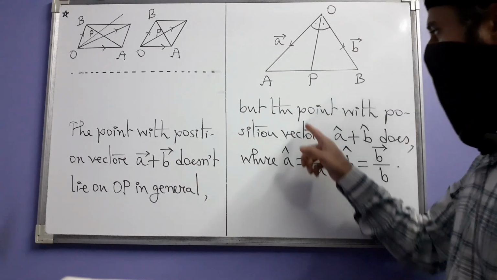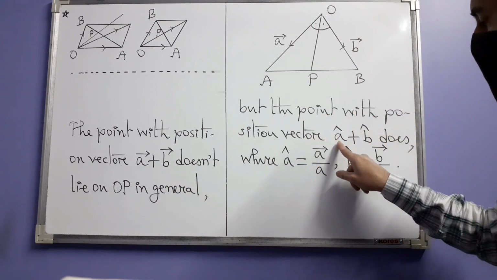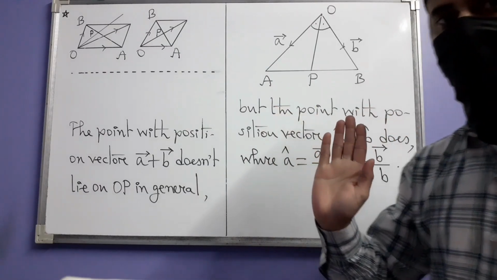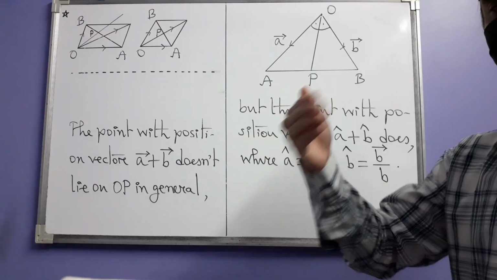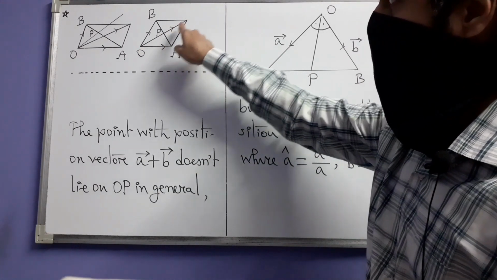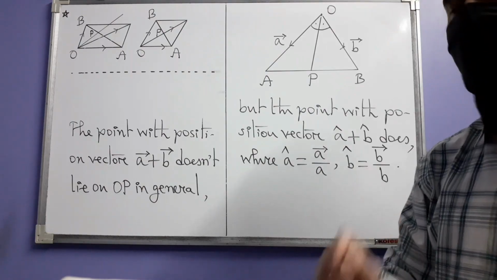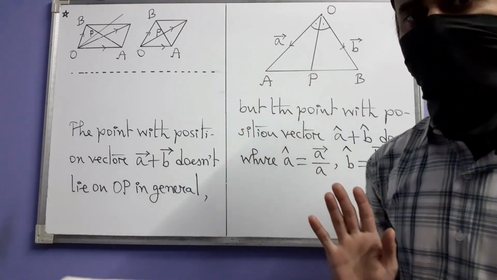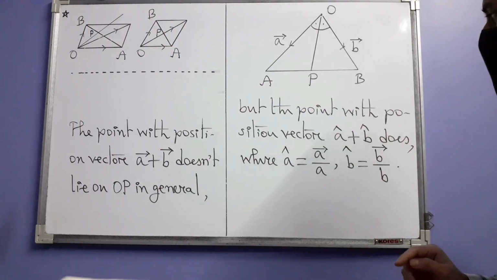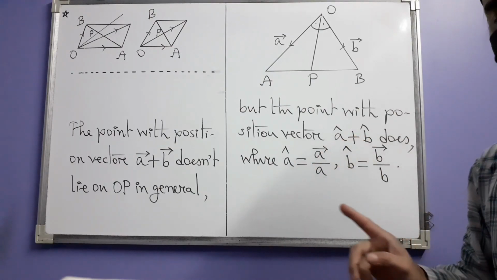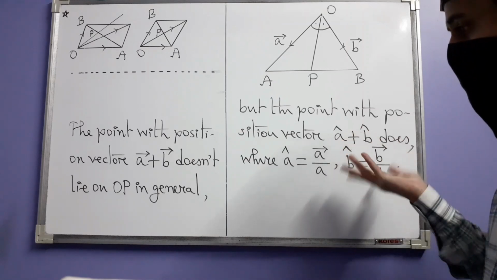However, the point with position vector A hat plus B hat does. That means it lies on OP, meaning extended OP, and that point is this. So here you can see that it is lying on OP because here the diagonal is itself the angle bisector. However, what is going on here? I mean, why does this work?